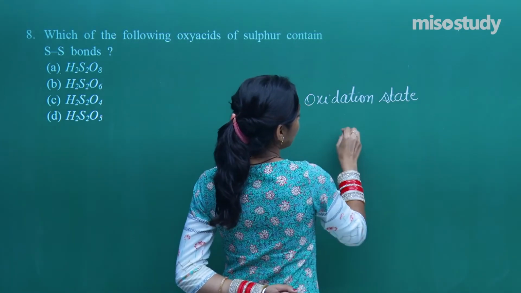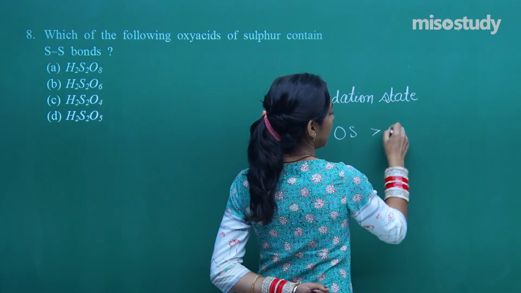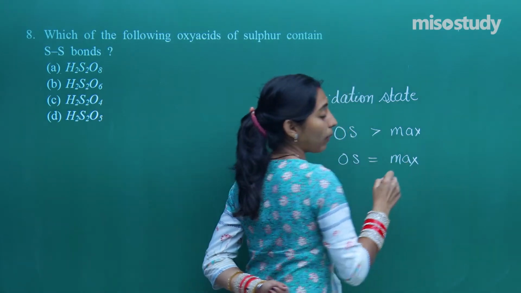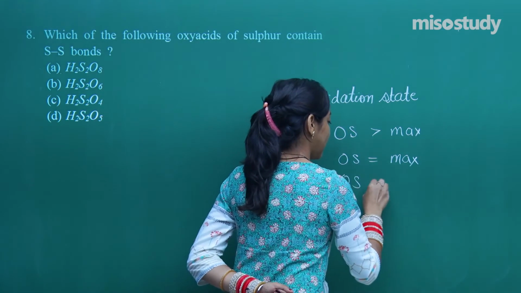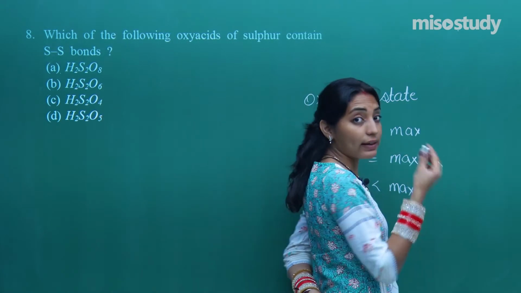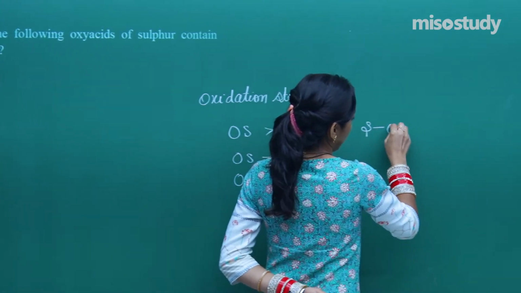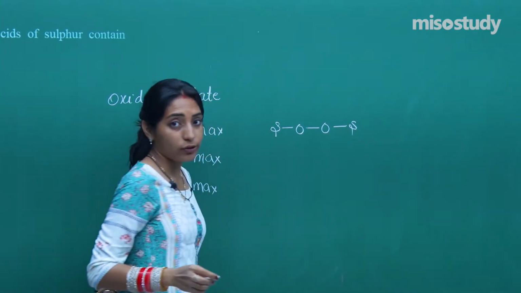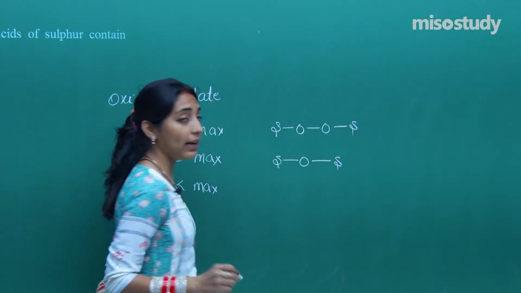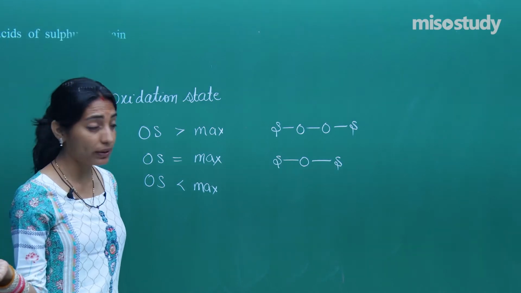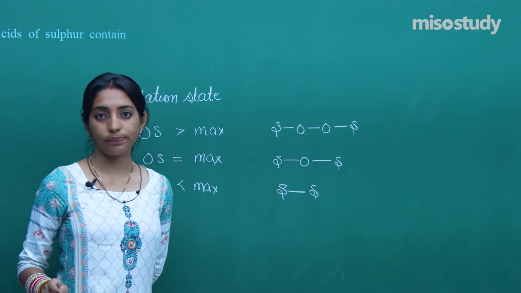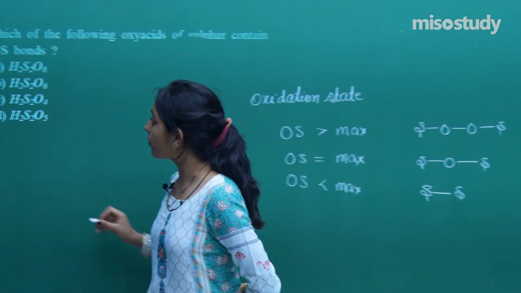The oxidation state can be greater than max, equal to max, or less than max. When the oxidation state is greater than the maximum, a peroxy linkage will be there. When it is equal to max, a simple S-O-S linkage will be there. And when the oxidation state is less than max, an S-S bond will be there. Okay, let's try to do all of them one by one.